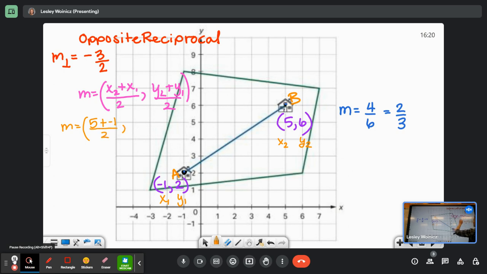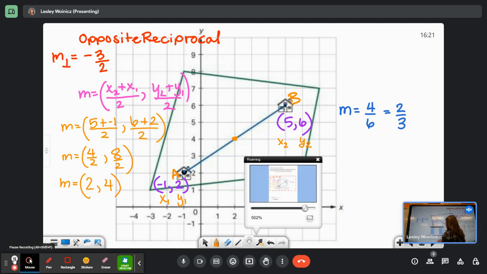Y sub 2 is 6 plus 2, divide by 2, and now we just simplify. So my M equals 4 over 2, comma, 8 over 2. Now I just divide. M equals 2, comma, 4, which is what we predicted. We were correct.